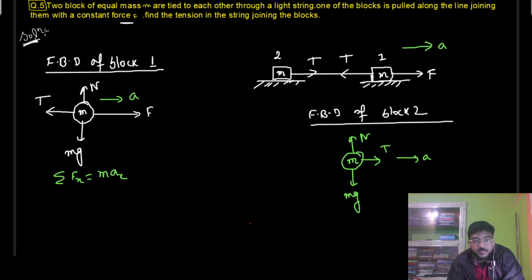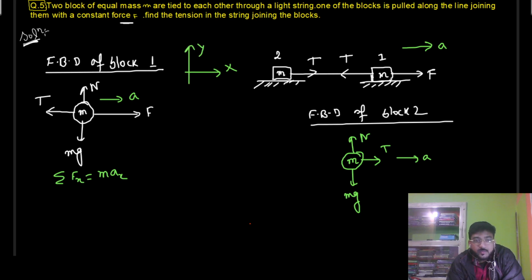And summation Fy is equal to 0 will give N is equal to mg, but we don't need to find that. We only need to find T, so we will use summation Fx is equal to max along the x direction. I have told earlier also that we always take the positive direction along the direction of acceleration. So as this is the direction of acceleration, we will take the reference frame like this, xy.